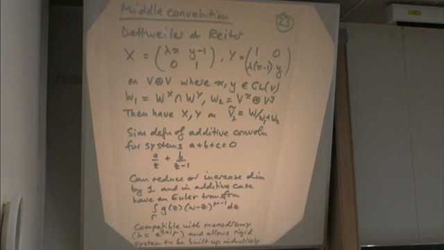And they are compatible. So if one thing is the monodromy of the other, when you do this process of middle convolution, the result is also the monodromy of that new system. And in addition, it's kind of effective in that there's this Euler transform which allows you to actually write down the solutions.